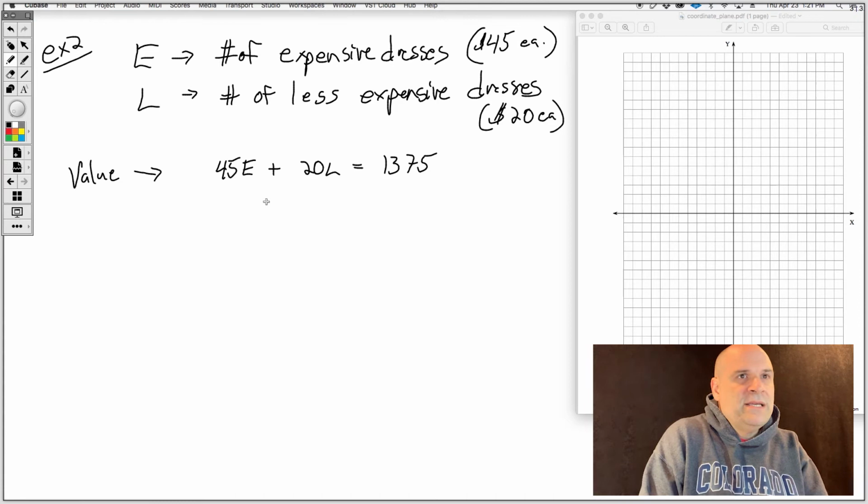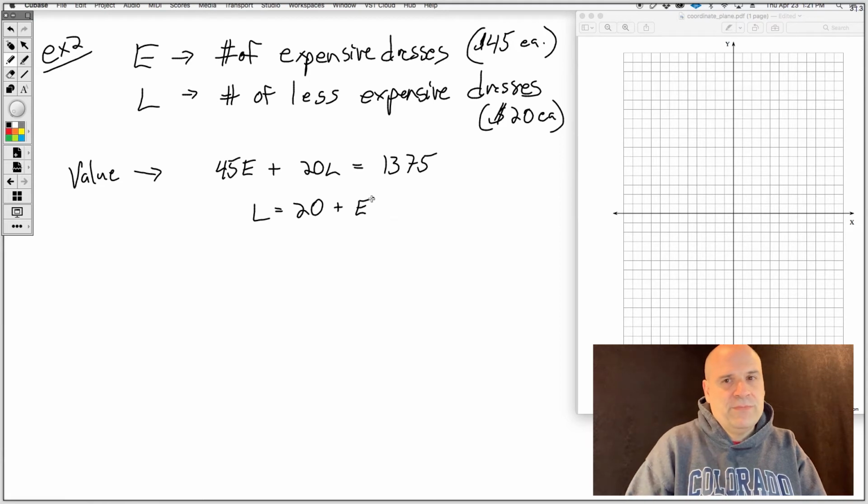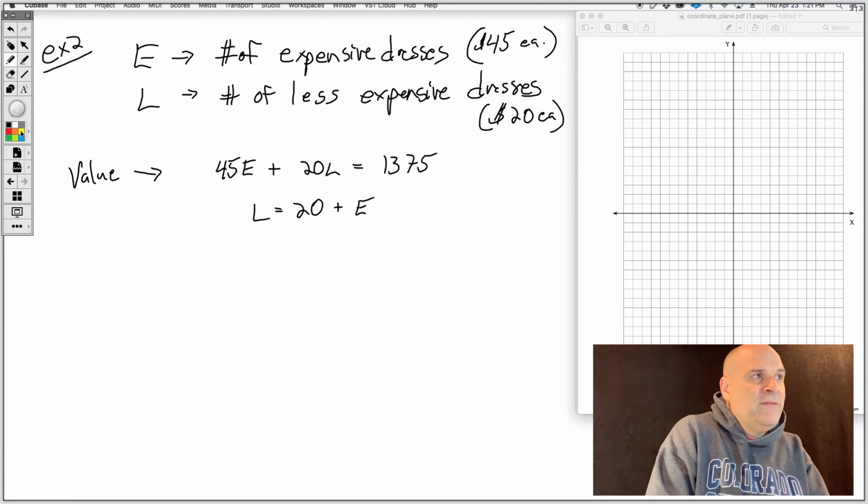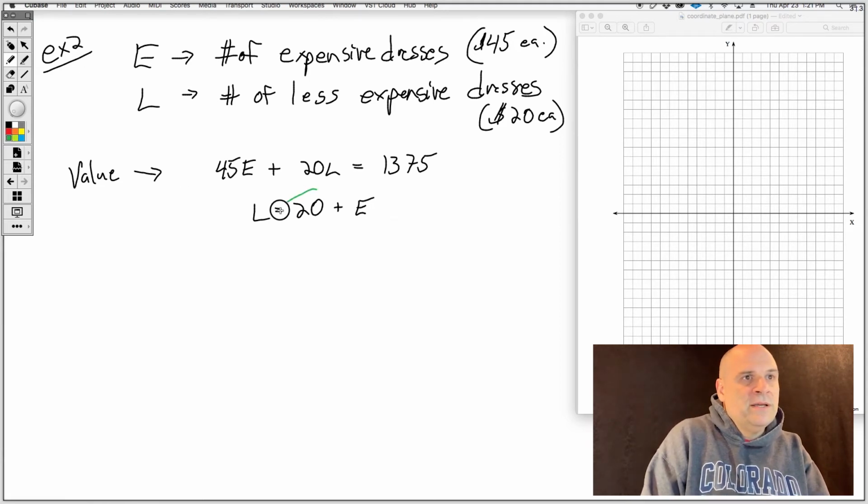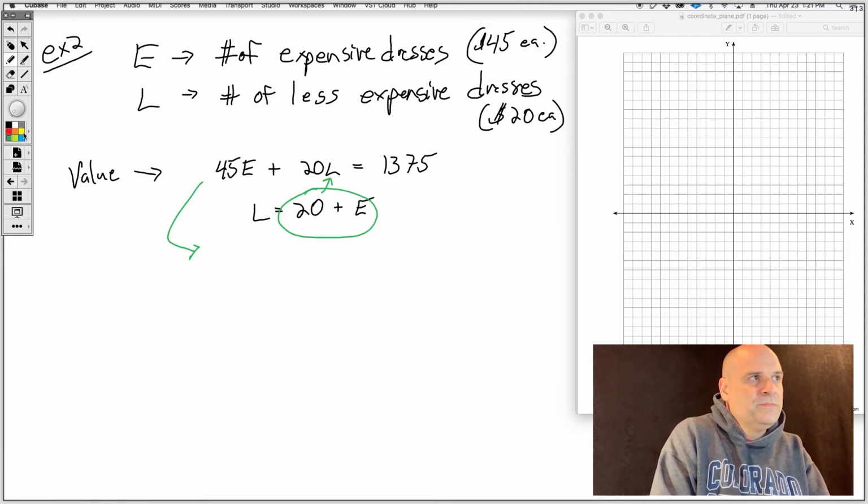So that means our less expensive dresses are 20 more than our expensive dresses. Now we've got a value for L to plug in. So we're going to plug that in right there. Let's rewrite this equation: 45E plus 20L equals 1375.